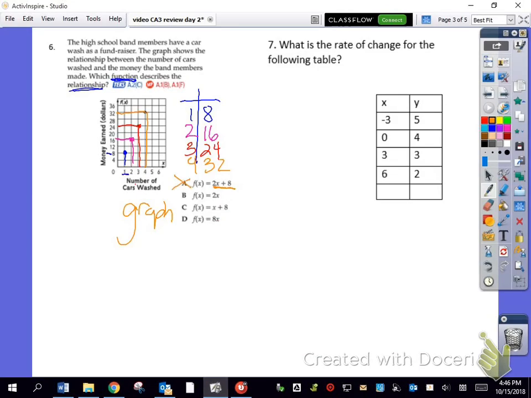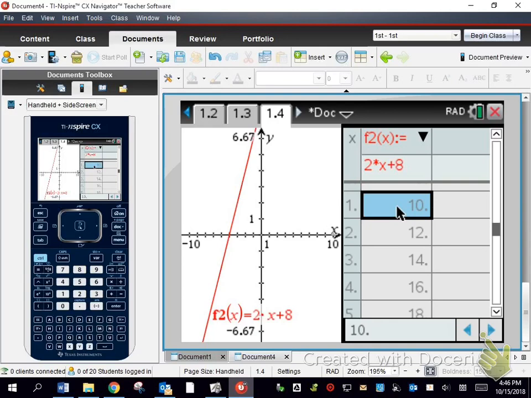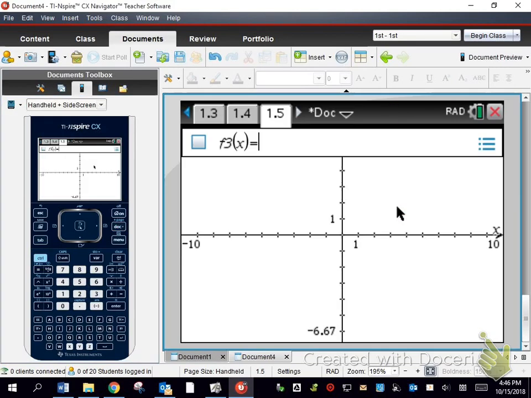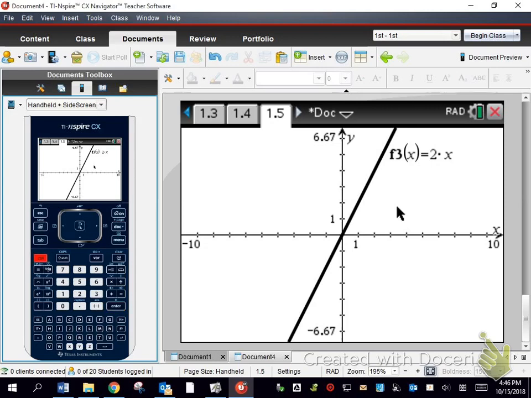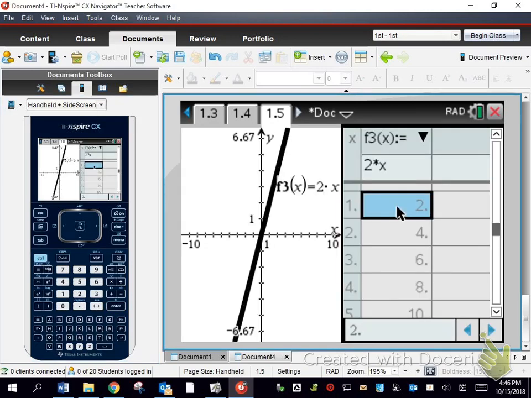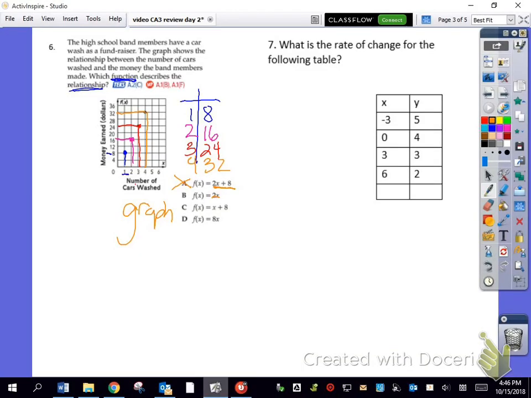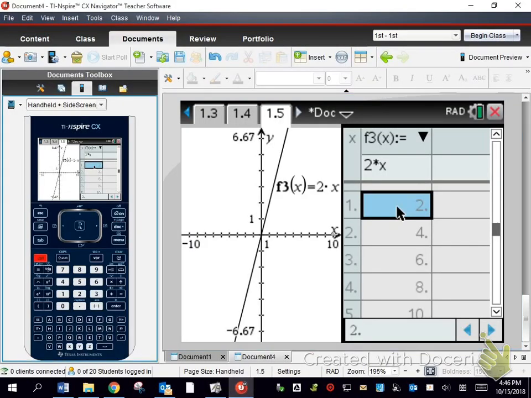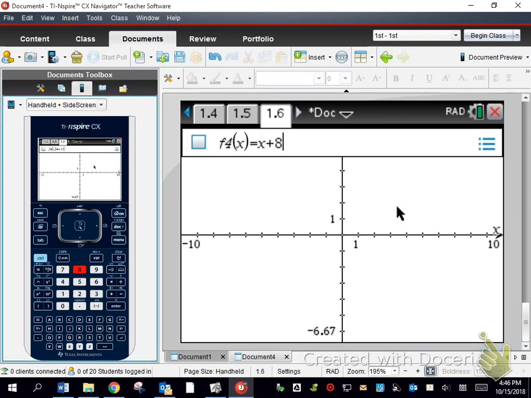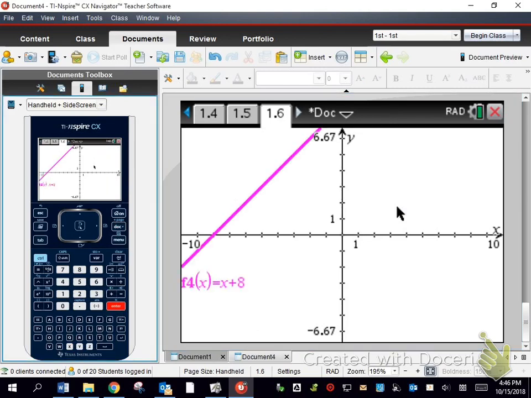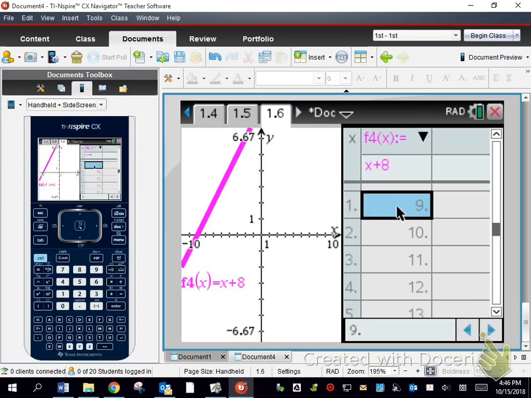So A is gone. Next, 2x. Control dot, go to 2, put in 2x, enter, and hit Control T. So 1 goes with 2. That does not match. It should be an 8. Next, x plus 8. Control dot, 2, then x plus 8, enter, and Control T. I got 1, 9.